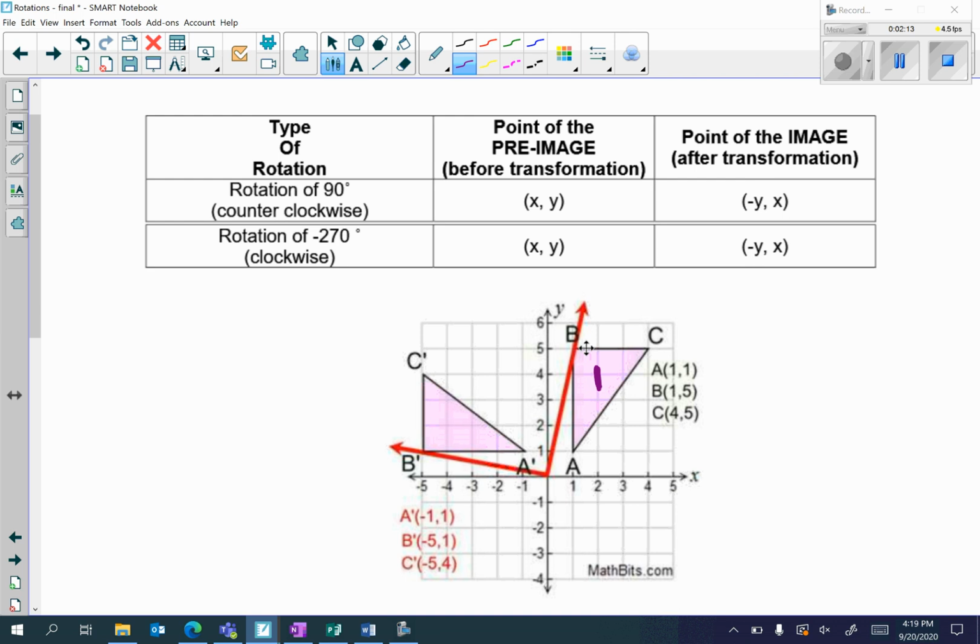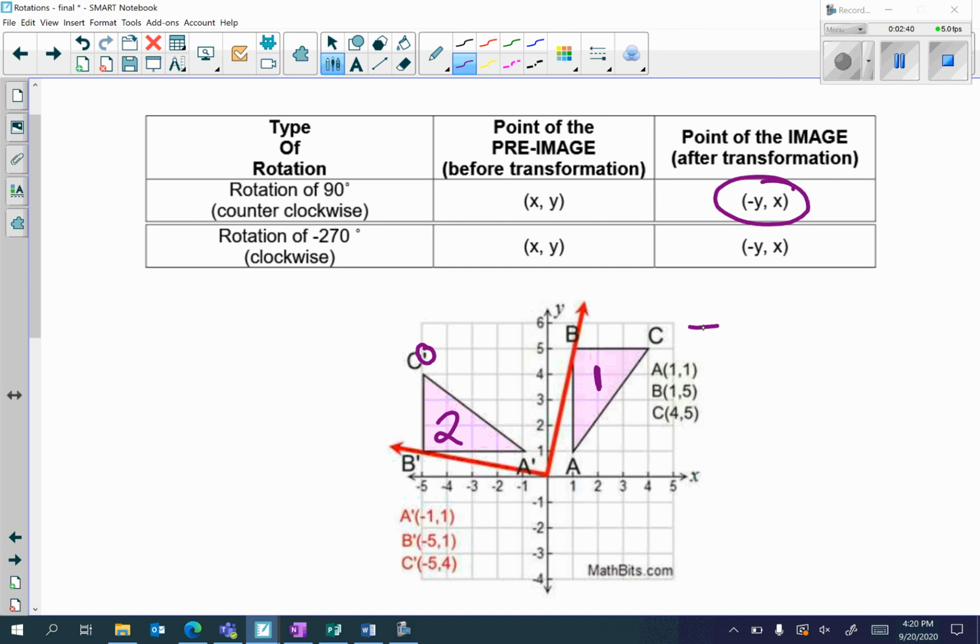After the transformation of a rotation of 90 degrees, the image is now negative y comma x, and that's represented in triangle A prime, B prime, C prime. The primes are these apostrophes. A rotation of 90 degrees is the same as a rotation of negative 270 degrees clockwise.